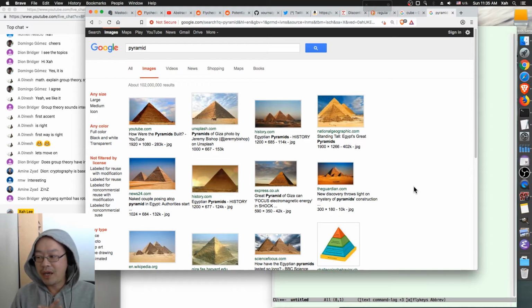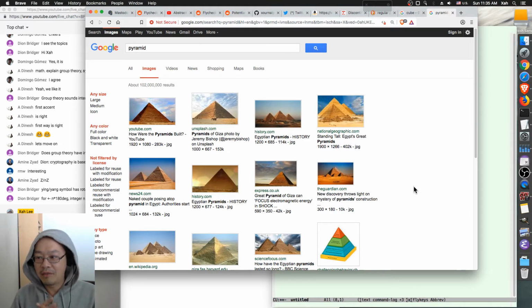So far, we have discovered several types of symmetries. We have, for example, facial bilateral symmetry. In math, we don't call it bilateral, we call it a mirror symmetry. So it's like a mirror. You flip it, so it's called mirror symmetry.